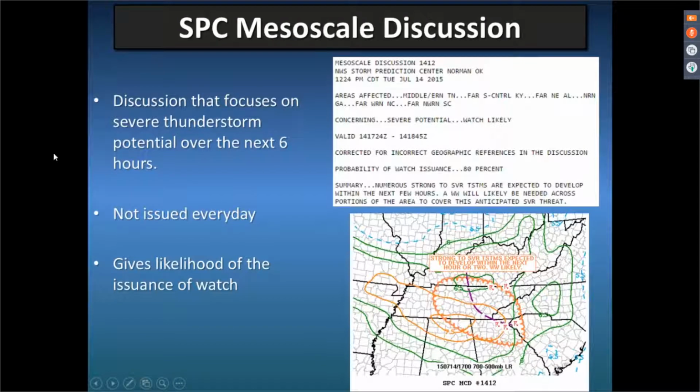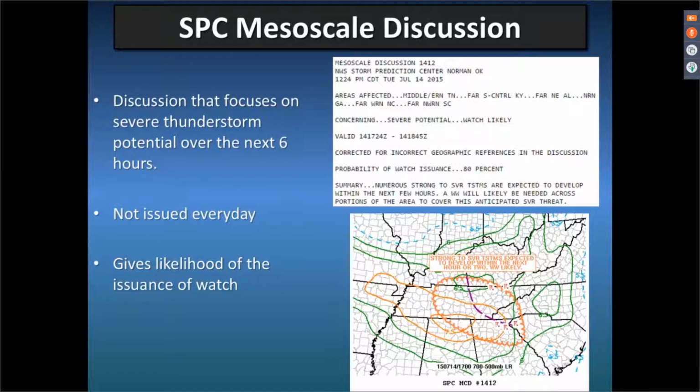All right, so I'm going to skip ahead here. Another product that they issue is what's called a Mesoscale Discussion, and this is basically a write-up on the severe thunderstorm threat that they expect over the next few hours. And it's typically for parts of a few states. And these aren't issued every day.